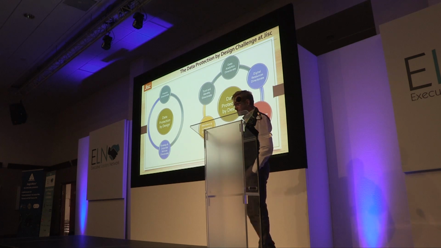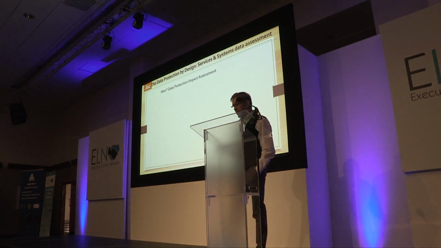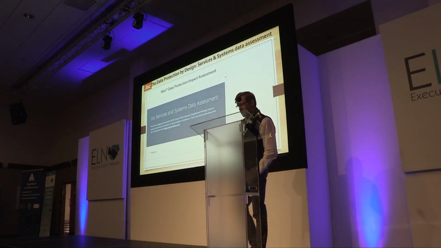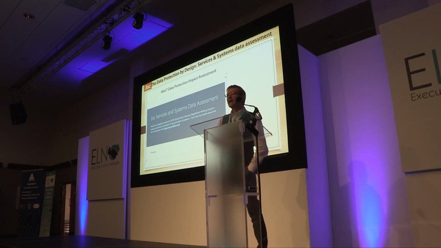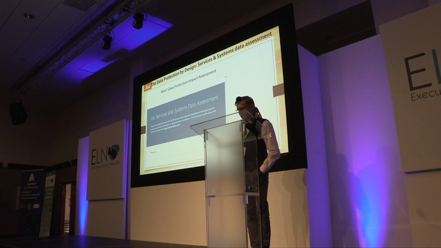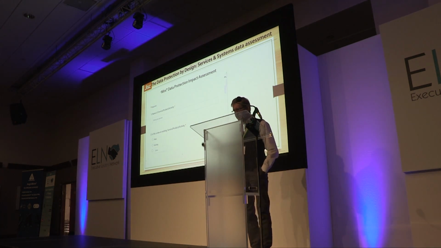So, the first thing that I did was, in effect, I've created, and I'm certainly not the first, as a lot of people have done this approach, a mini data protection impact assessment. But I haven't called it that. I think I've just called it a data assessment. What that actually does is a short form that I wanted to capture information about a procurement or about a service.